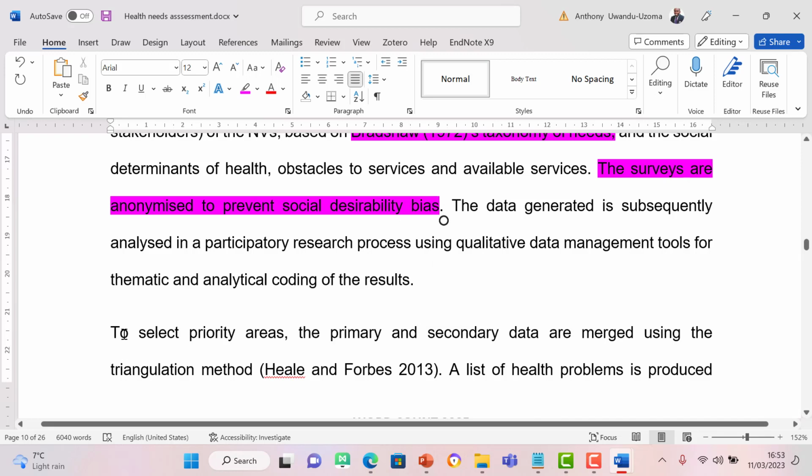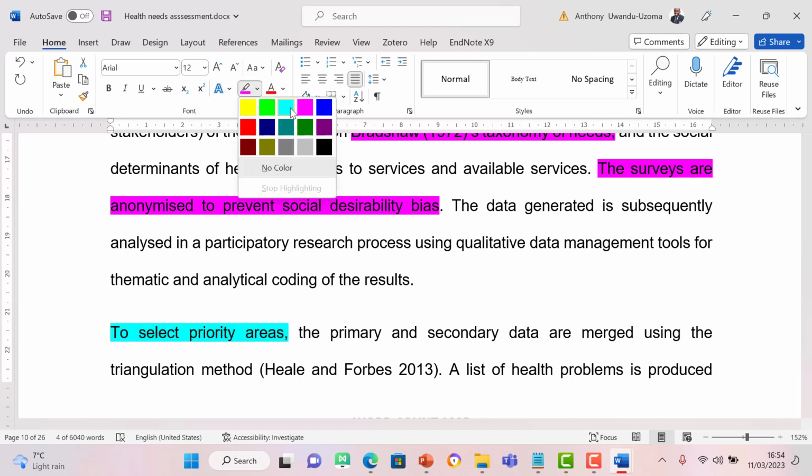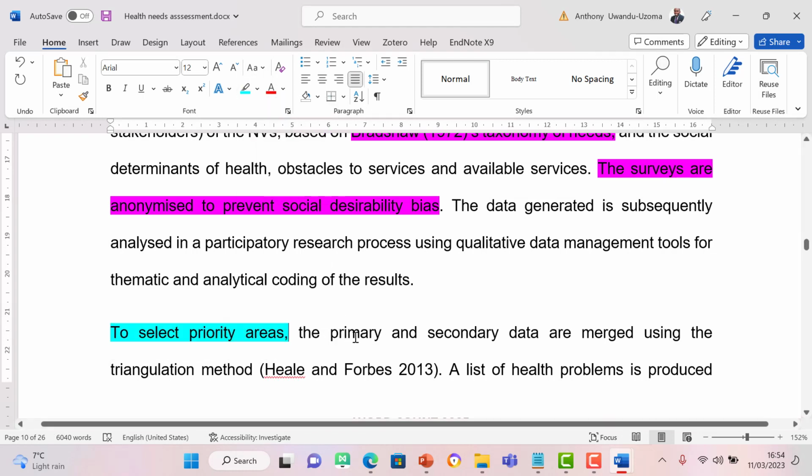So let's go. Now, like I told you prior, your essay needs to describe how you prioritize the health needs. So here the author is describing how she prioritized the health needs.